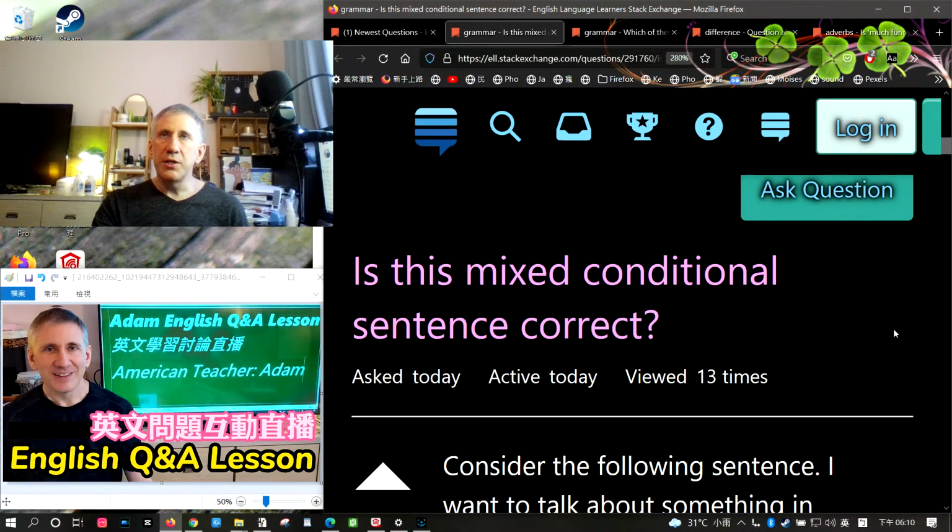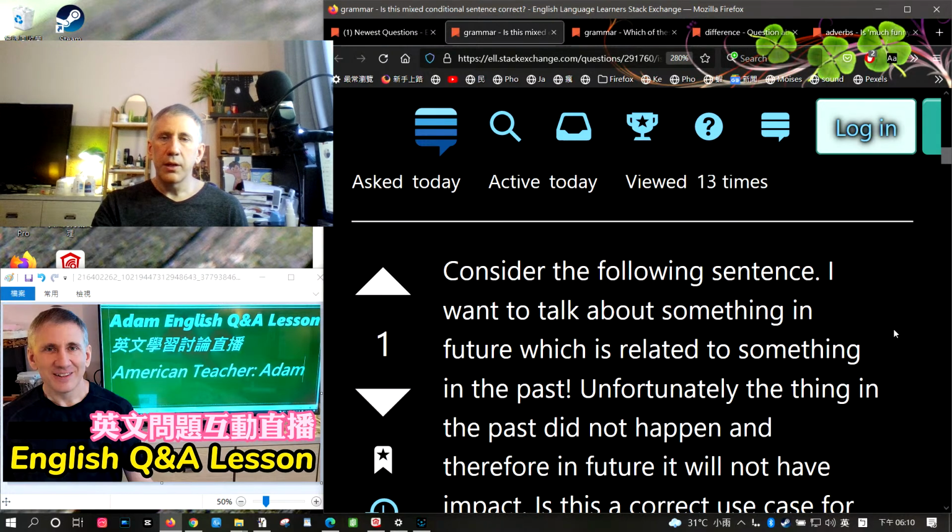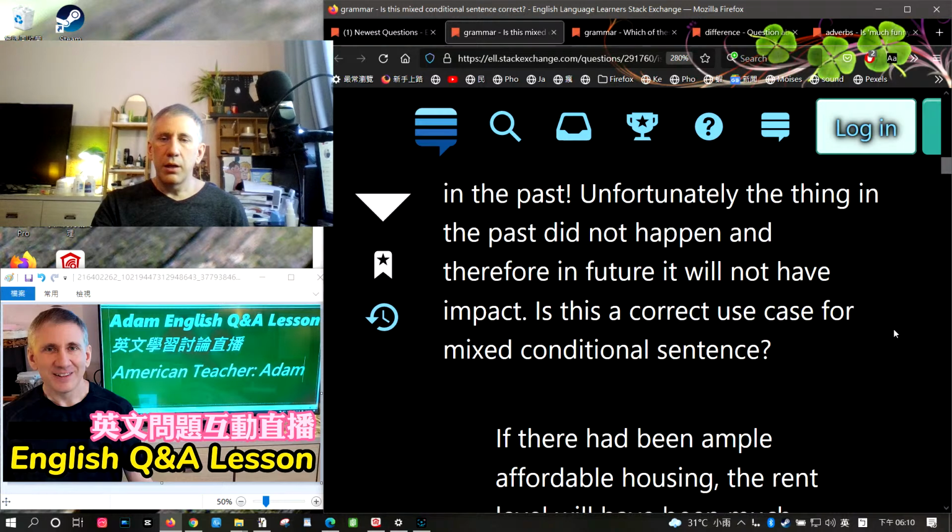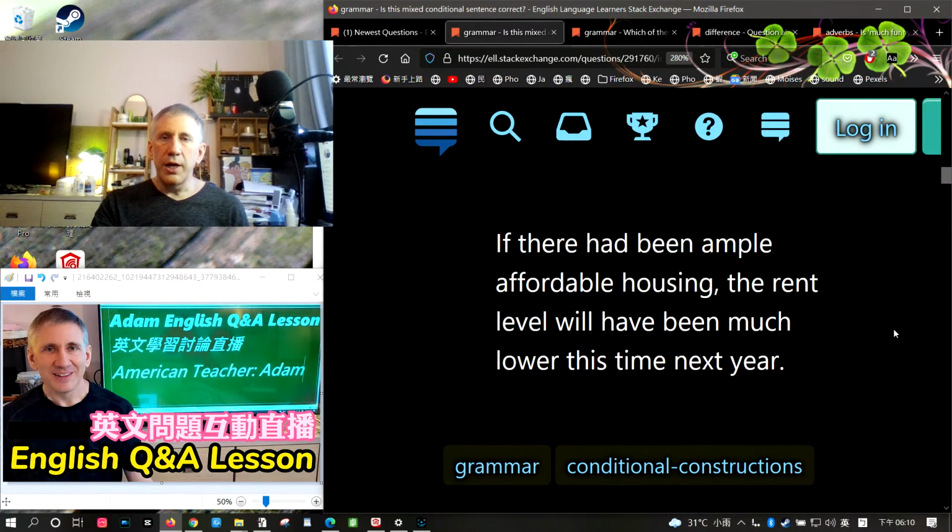Is this mixed conditional sentence correct? If there had been ample affordable housing, the rent level will have been much lower this time next year. Now, this is an incorrect mixed conditional. A conditional has two main parts.